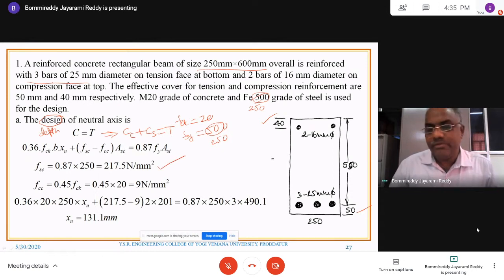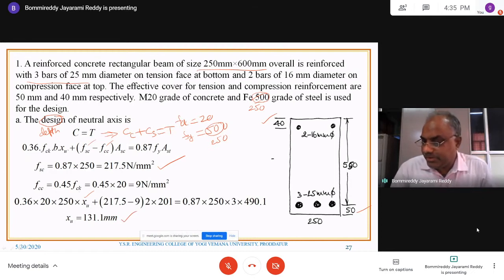Already I told you, for mild steel bar, fsc will be the full value, that is 0.87 fy. And fcc means 0.45 fck, 0.45 into 20, this is 9. So now fsc is known, fcc is also known. Substitute all the values except the xu value, and xu will be 131.